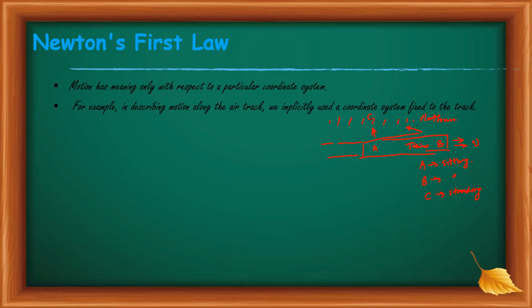Then, according to C, when the person C looks at A and B, he feels that A and B are moving with a velocity v. Both A and B moving with a velocity v.